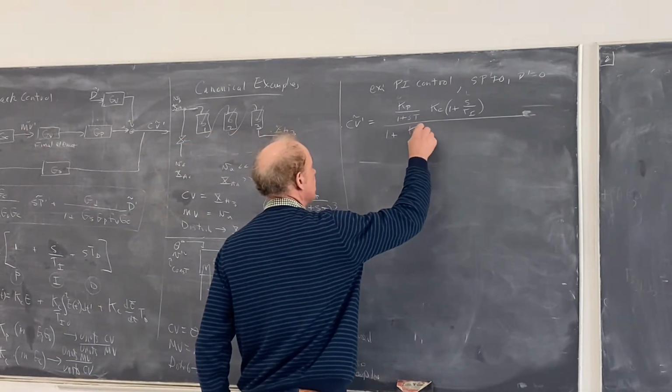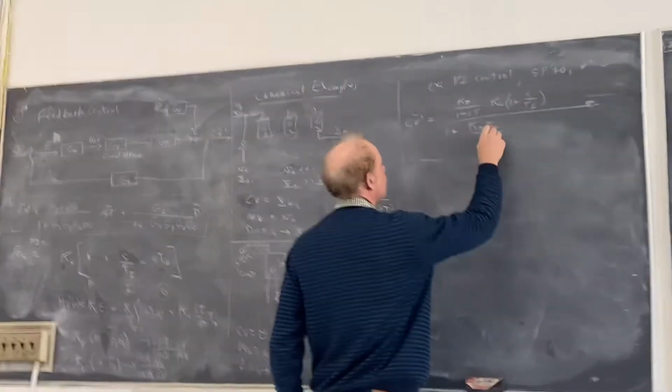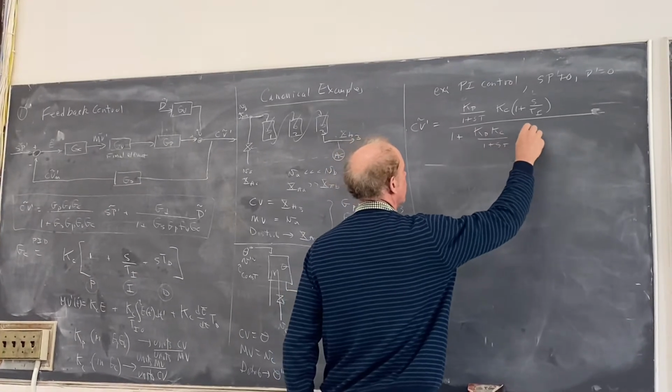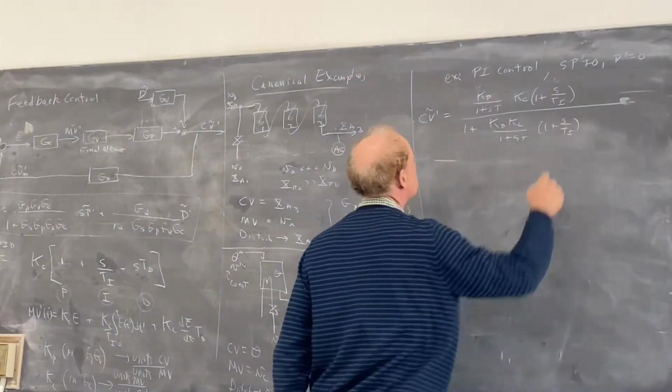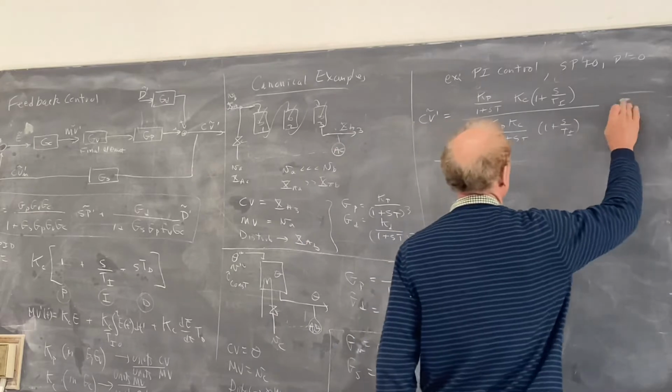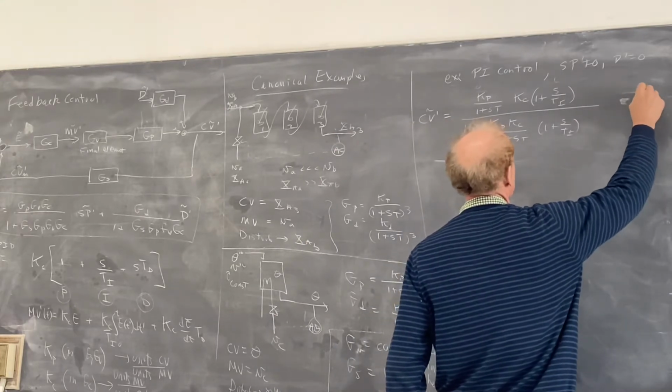So I've got KP, KC, 1 plus ST, 1 plus S over Ti. And this whole thing gets multiplied by SP prime total.